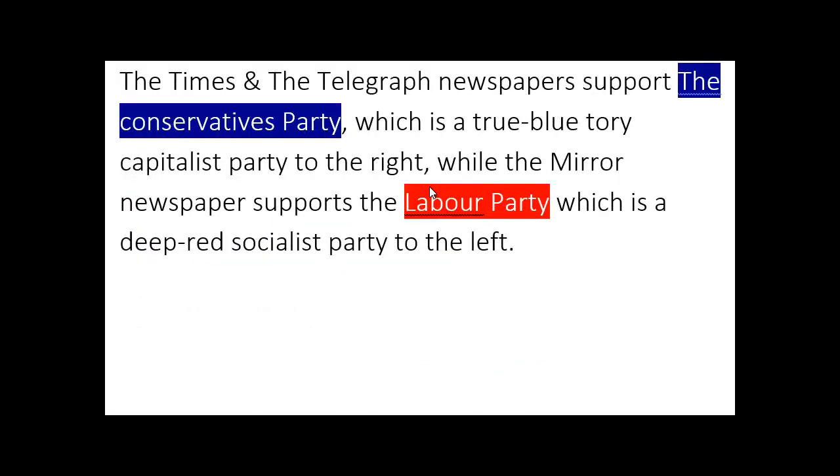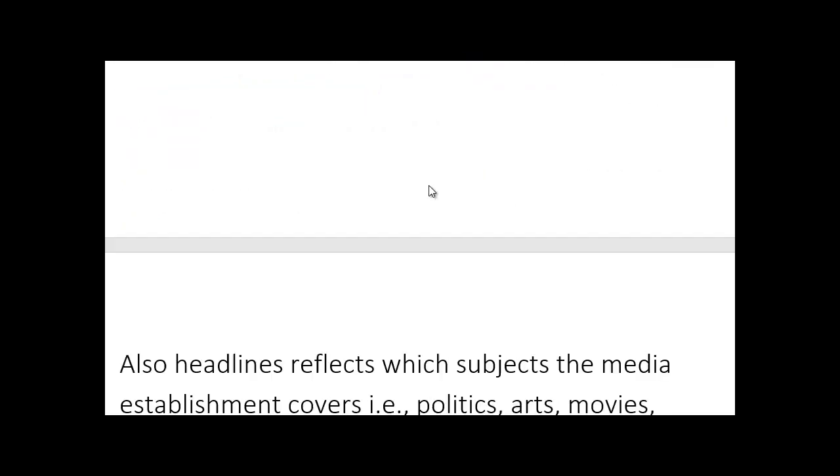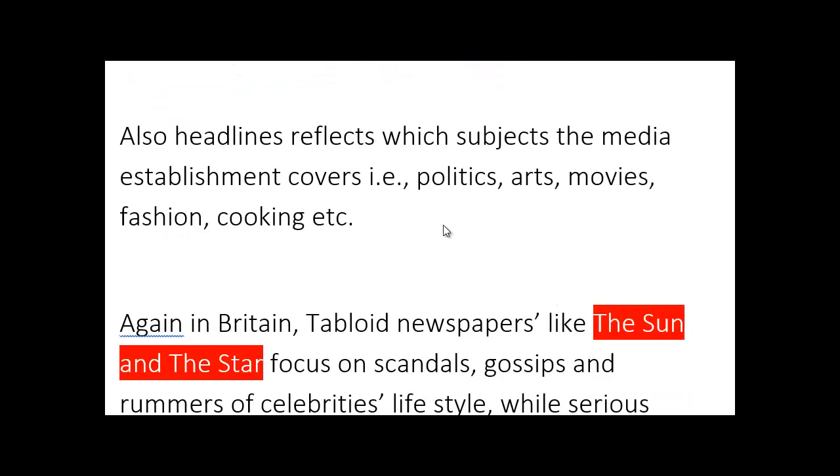Something else. The headlines reflect the subject that the media is about. So if it's talking about politics, it's politics, or if it's talking about art or movies or fashion or cooking or whatever, or sport, the headline represents that subject.